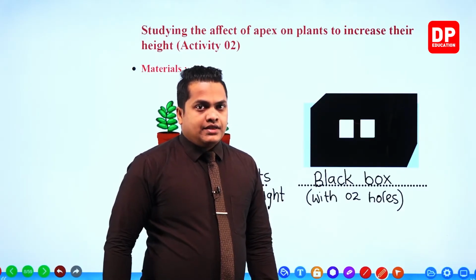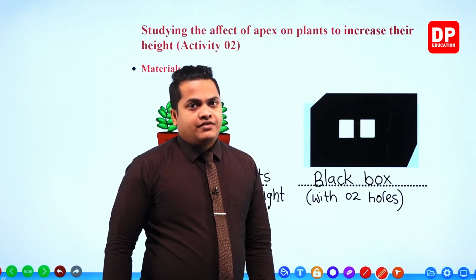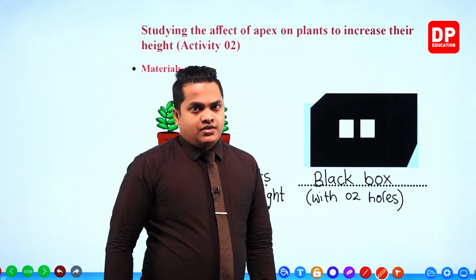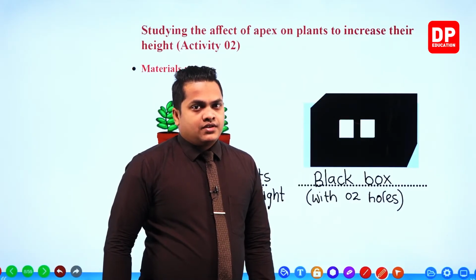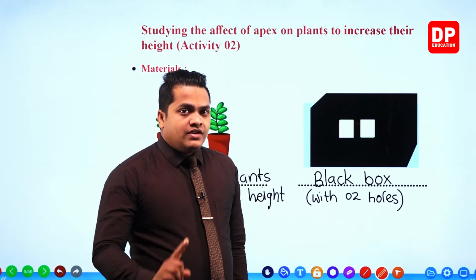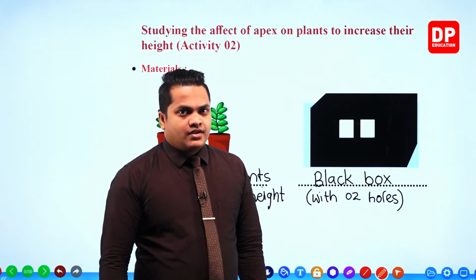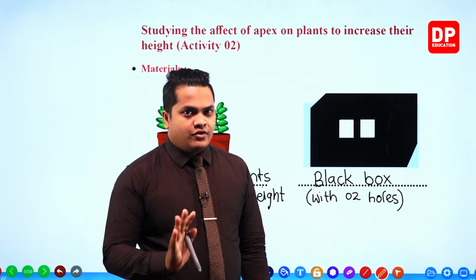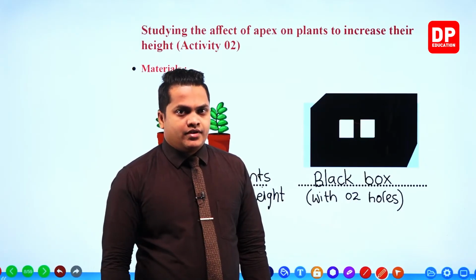Then observe the growth of the plants after 5 days. Here we are going to observe whether the apex is always growing vertically upward or not.